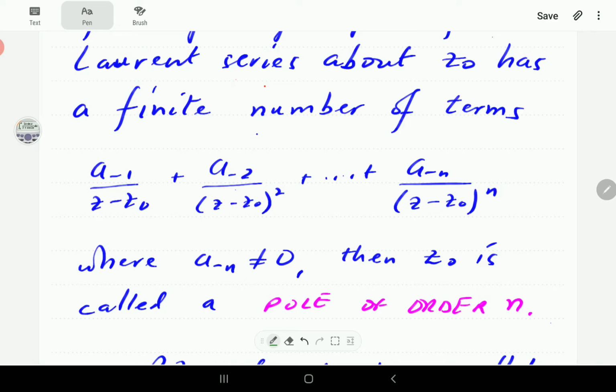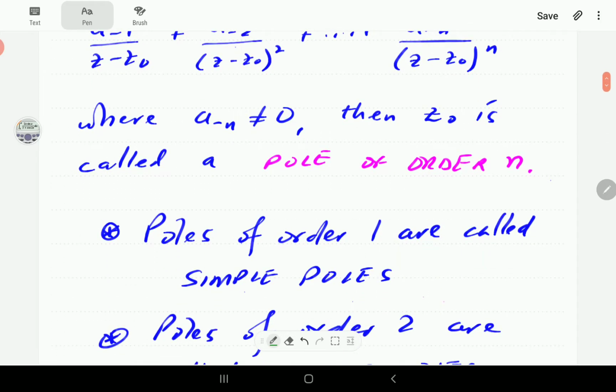So these poles are zeros of the denominator. You can see this one is a zero of multiplicity n, so we call it a pole of order n.